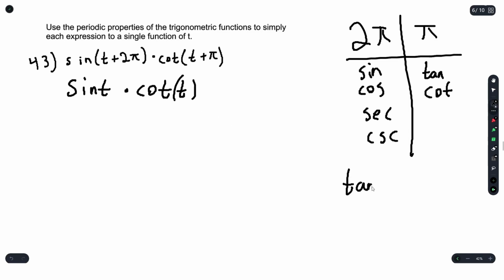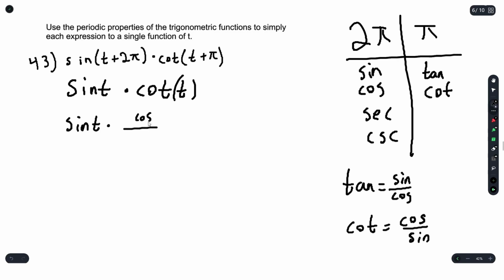So tan is equal to sine over cosine, so cotan would be the reciprocal of that, cosine over sine. So sine t times cosine over sine. Sine and sine go away, so the answer is cosine t.